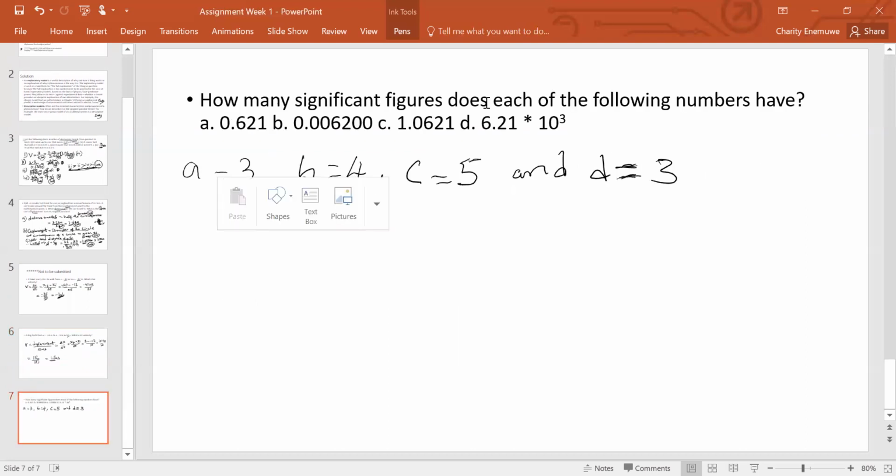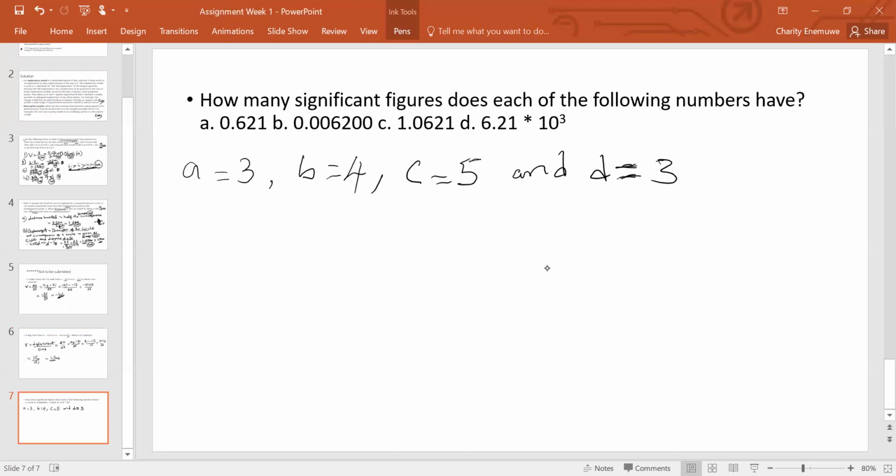So this part, that's question 20. You've seen several of this kind of significant figure question. In the lab quiz, we had most of this kind of question in the multi-choice. How many significant figures does each of the following numbers have?